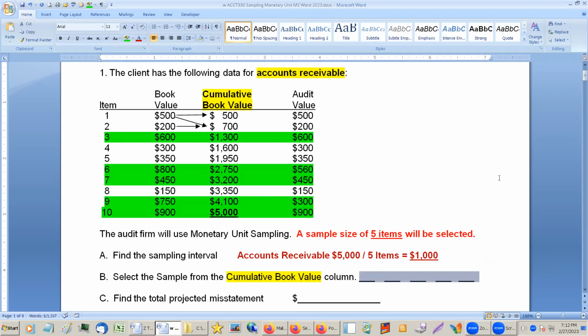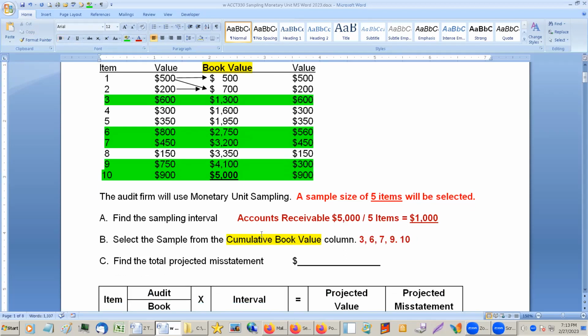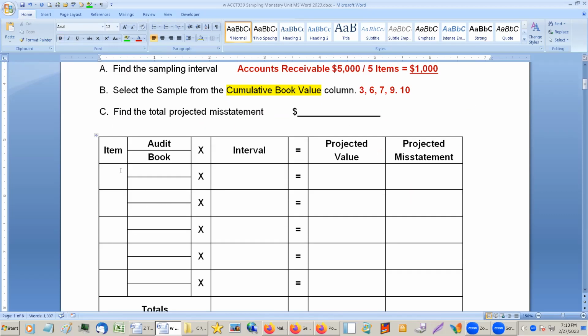We're going to have item 3, 6, 7, 9, and 10. Oh, you know what I could do? It's just from here, I guess. Okay, so this is item 3, 6.